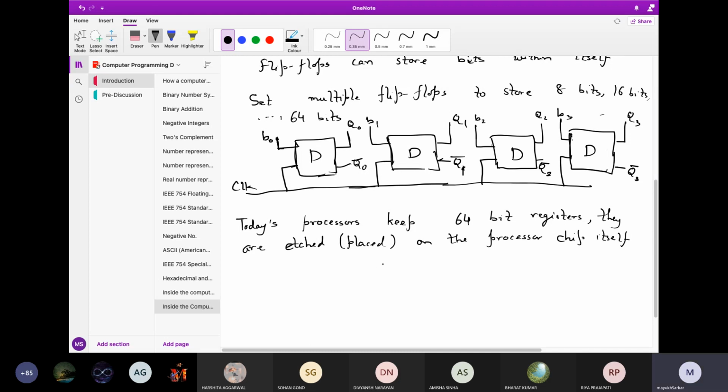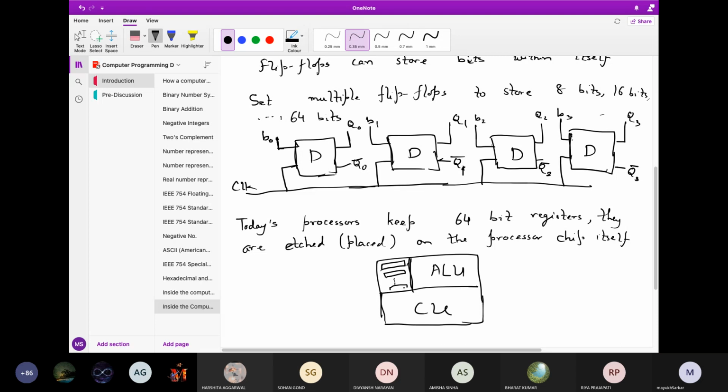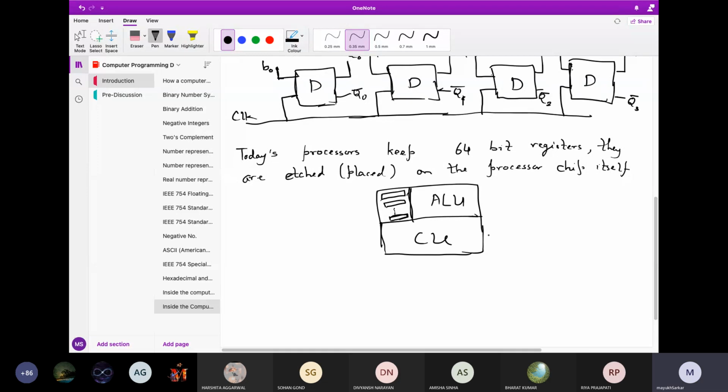So now, in the simplest terms, we can divide the processor into these three regions. One is your ALU, this is your control unit, and there are various registers sitting here, 64-bit registers. So this overall is just a schematic of today's processors.